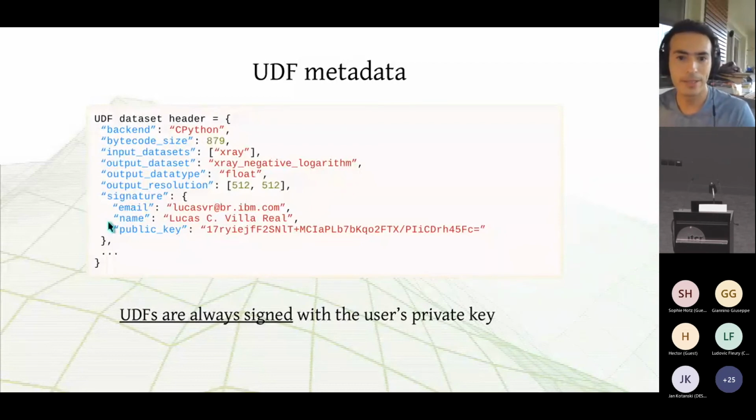If you're receiving a dataset from a third party, it's not going to have free access to your machine, right? You're going to have a different public key than yours. So we validate the signature of each dataset prior to its execution.